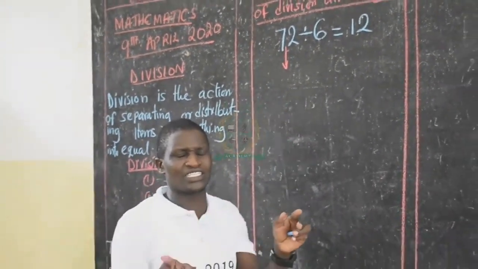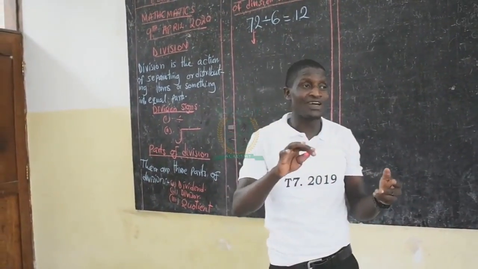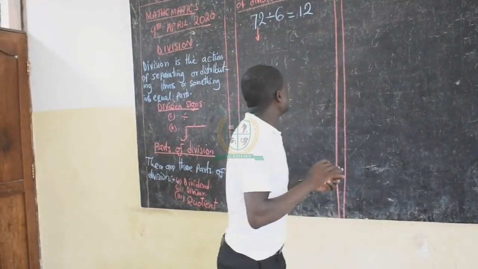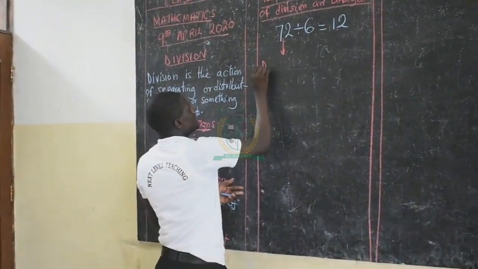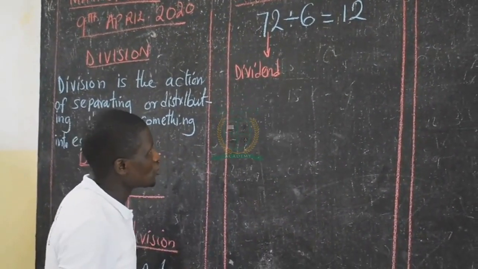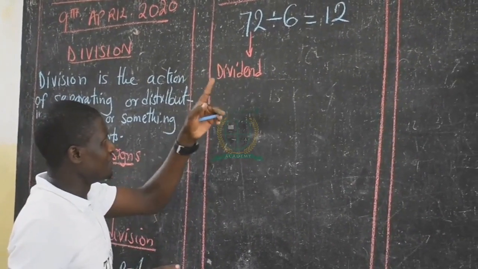You can say that it is the item that is going to be subdivided into 6 parts. So 72 is the dividend.